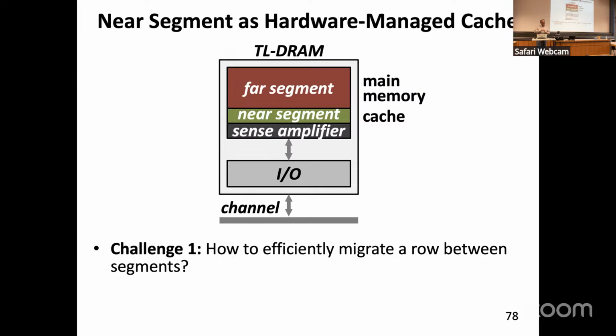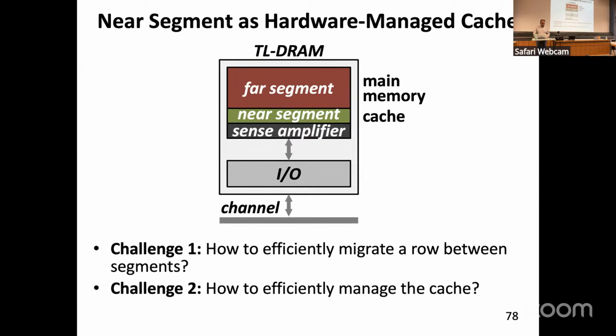Yes, exactly. RowClone actually comes into play here, and makes it possible to quickly move data from the far segment to the near segment, which is very important to make it effective.